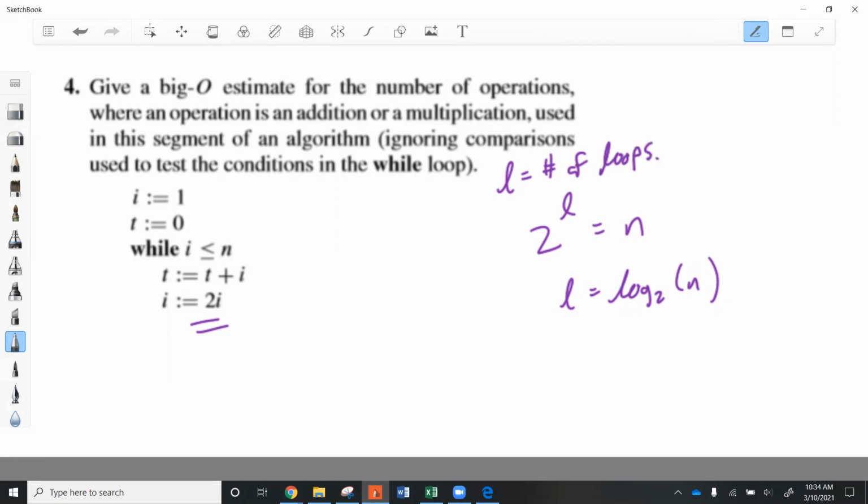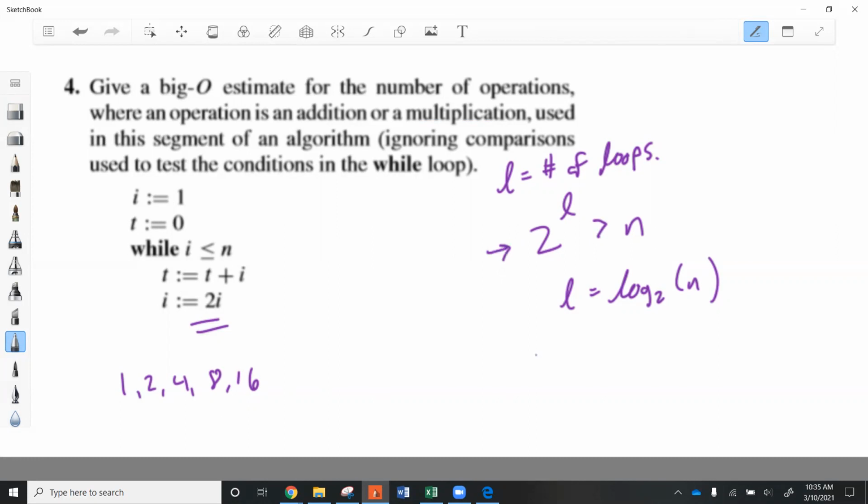Excellent. So it has to do with the fact that this i, the index, is doubling every time, but it continues until it exceeds the value of n. Like Abdul was saying, if i starts at 1, then it's going to be 2, then 4, then 8, then 16. So the question is actually, when is 2 to the L going to be greater than n?